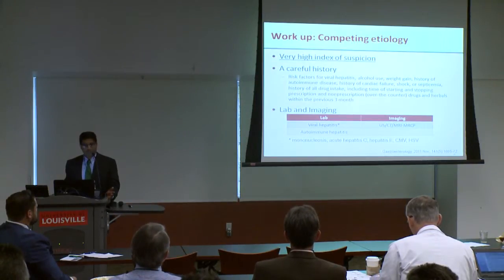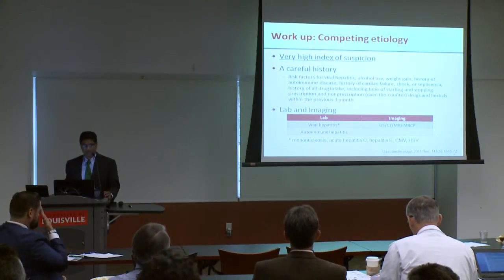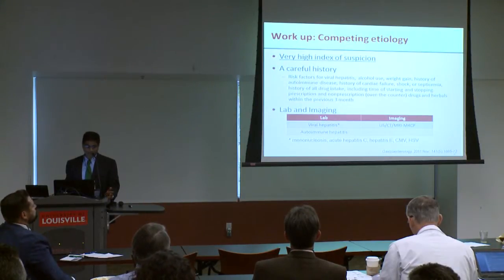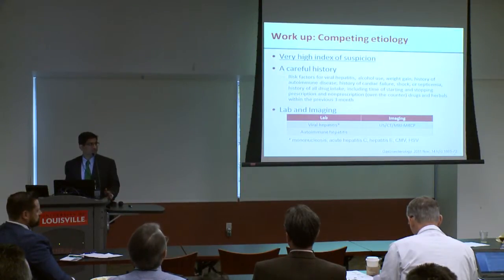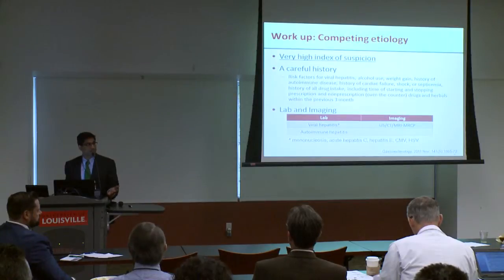Workup is usually having a high index of suspicion, careful history, alcohol use. There's some question with regard to, does having alcohol increase the risk of drug-induced liver injury, or being obese, having fatty liver, increase the risk of drug-induced liver injury? In fact, 3 months ago, FDA had a symposium, and they asked me to come and talk about, does having fatty liver increase DILI?